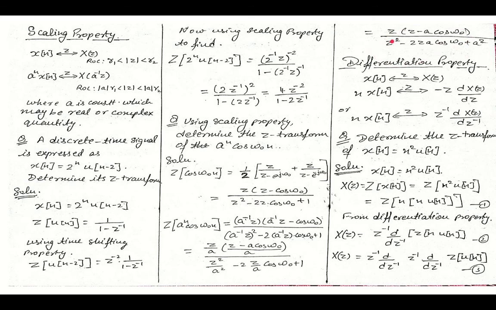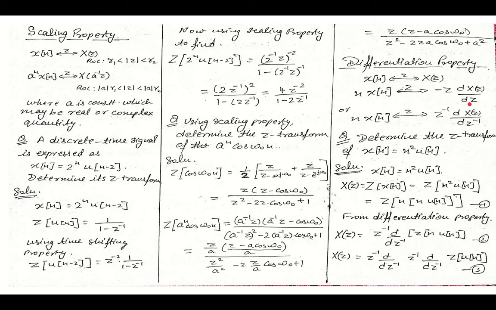Now the next property over here is the differentiation property. This is a very important property. If we have xn, its z transform is given to us as X(z). Now if there is a multiplication of n with xn at the input side, then its z transform will be minus z into dX(z) upon dz.